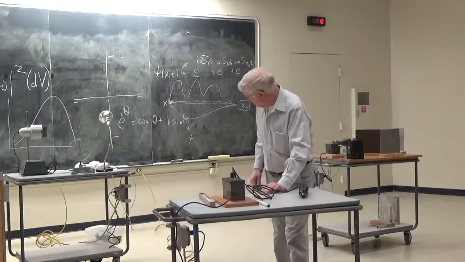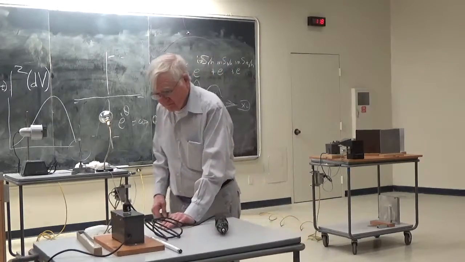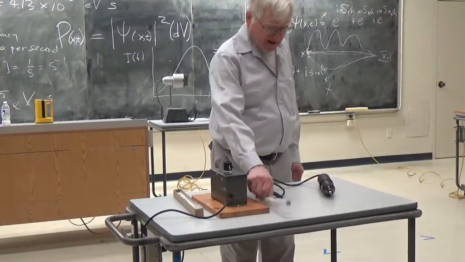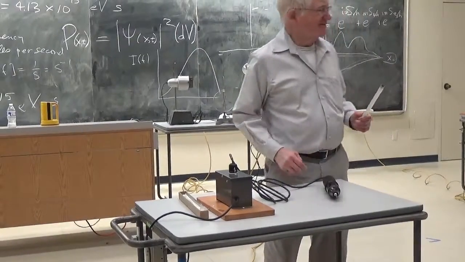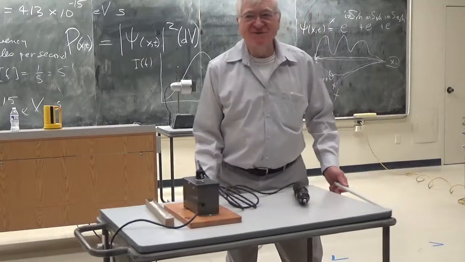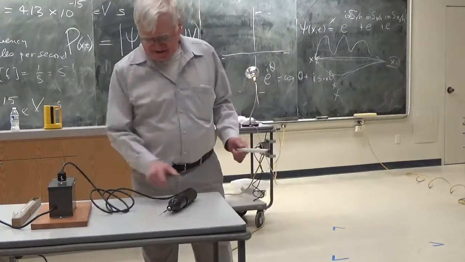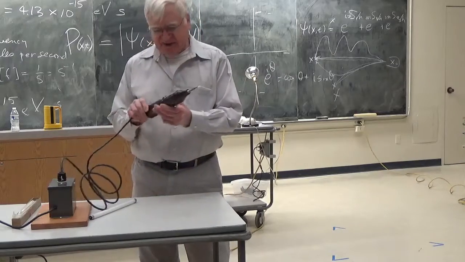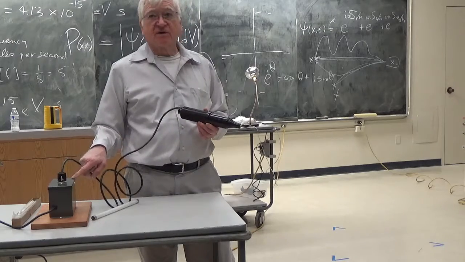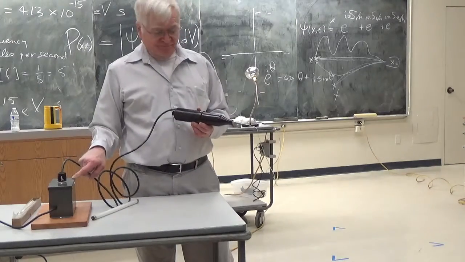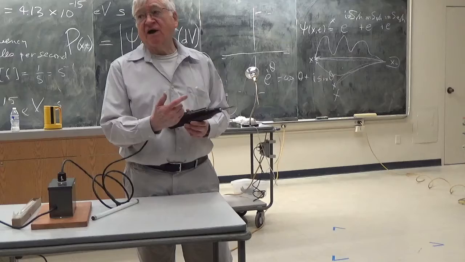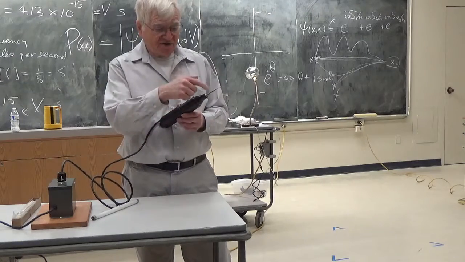Okay, now I've got a couple of demos. This is a gee whiz demo, and it's a little bit scary. I'm easily frightened, however. This is a Tesla coil, and it's basically a transformer that takes 60 cycle, 110 volt current and changes it to a much higher voltage, but less current in this coil.